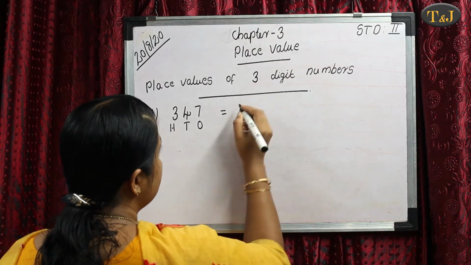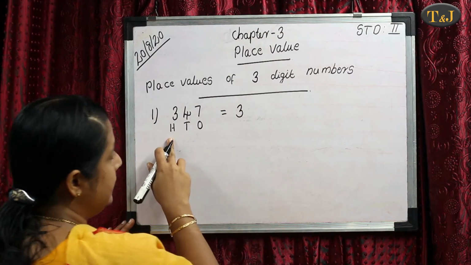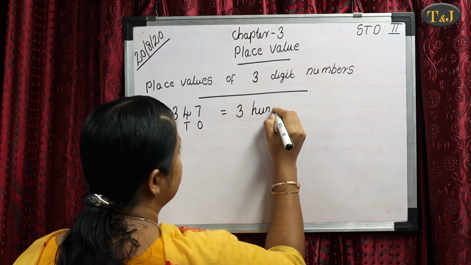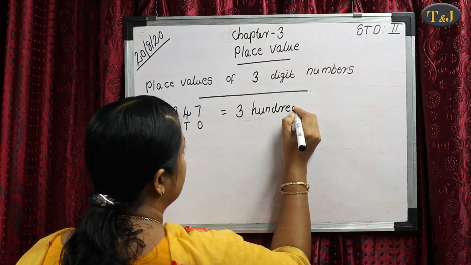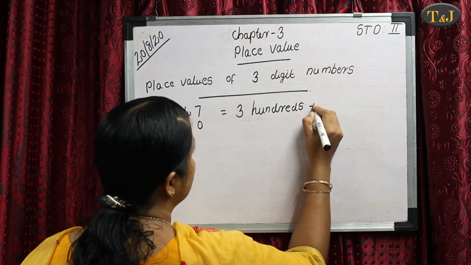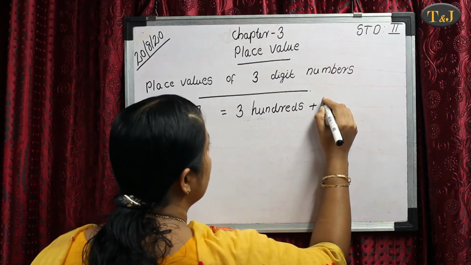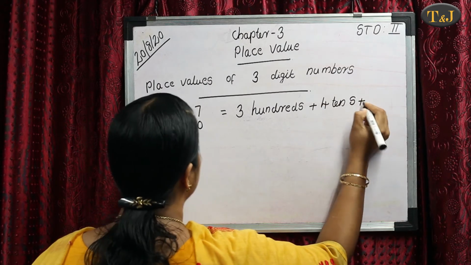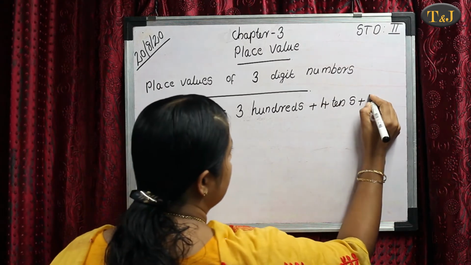Here the first number is 3. 3 is in which place? 3 is in hundreds place. So we write 3 hundreds plus the next value, 4 tens, plus the next value, 7 ones.